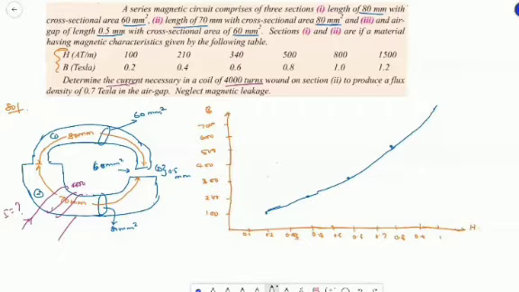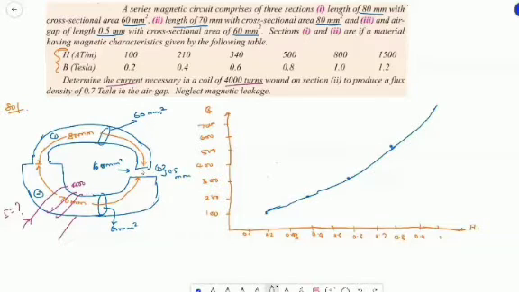So then determine the current necessary in a coil of 4000 turns wound on section 2 to produce a flux density of 0.7 Tesla in the air gap. So the flux density in the air gap is given.